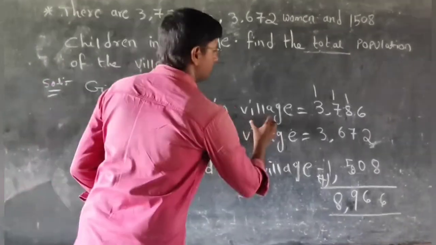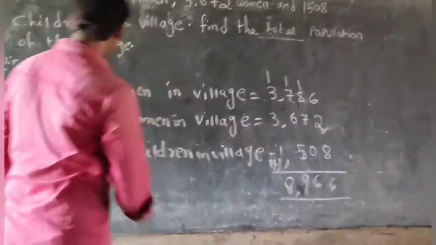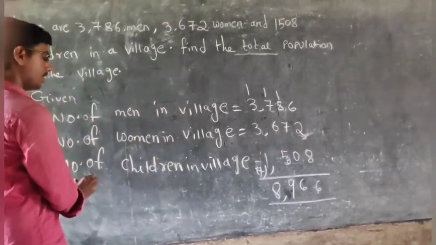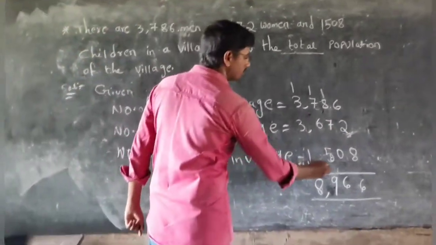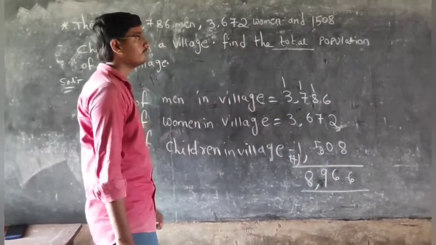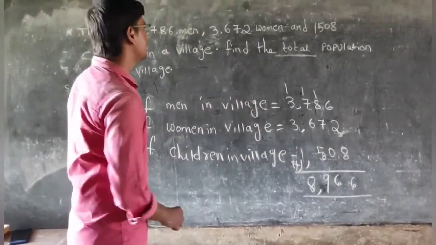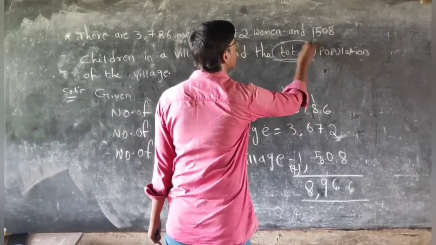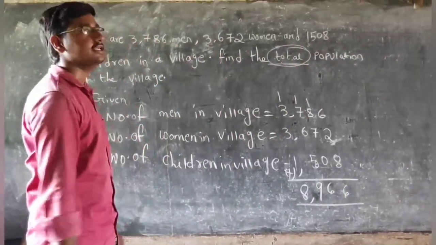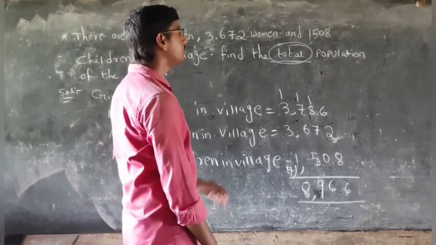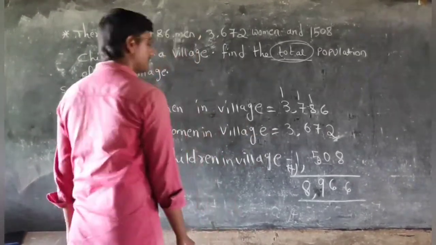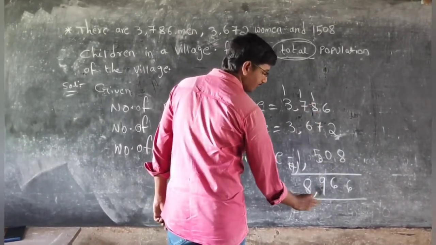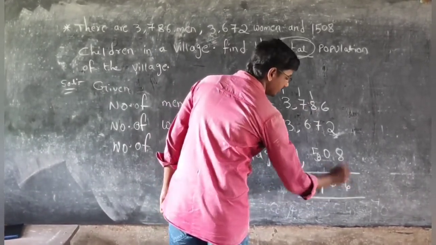Number of men in the village is 3,786. Number of women in the village is 3,672. And number of children in the village is 1,508. Okay, students, according to the problem, the condition is find the total. Total means you have to do the addition. Total is the keyword indicating addition. Okay, students, the solution for the above 3 addends is 8,966.